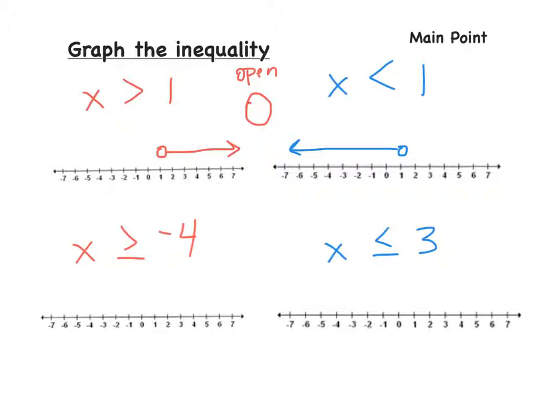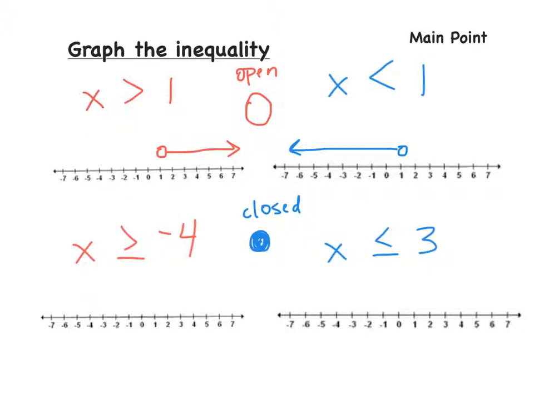So now, off to the bottom, we have x is greater than or equal to -4. Now, whenever we see or equal to, and we draw the dot, it must be a closed dot. So, first step, find -4 on the number line.